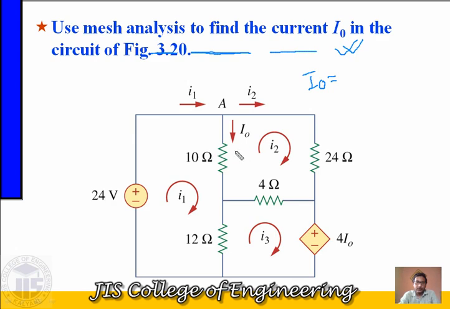I2 is down to up and I1 is up to down, and our aim is to find the current I0 that is up to down. So it will be I1 minus I2. We already have these values of I1 and I2, so you can simply find it. No problem at all.